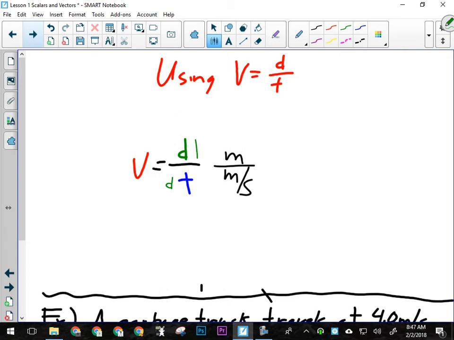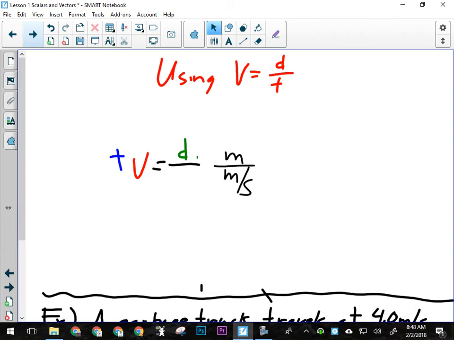So there would be a 1 that would stay there. And I don't want 1 over T, I want to solve for T. So what I'm going to do is the same thing I did to start off my last one. I'm going to multiply both sides by T. Now T is on the top of the equation, but it's not by itself. How do I get it by itself?